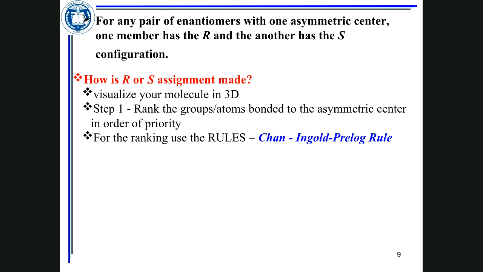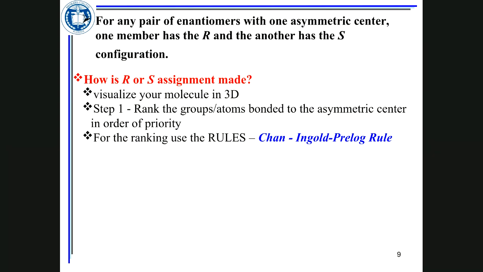Black is the highest, red second, and then yellow would be the third. So if you're going from black to red to yellow, it is going counterclockwise. So if it's moving counterclockwise, the configuration for this enantiomer is going to be S, and it was expected to be S because we assigned R for the other enantiomer.